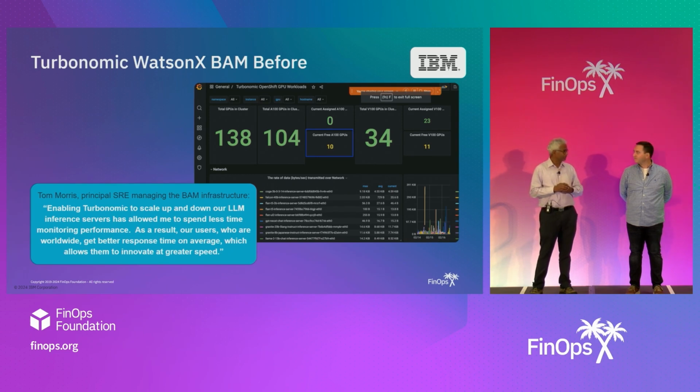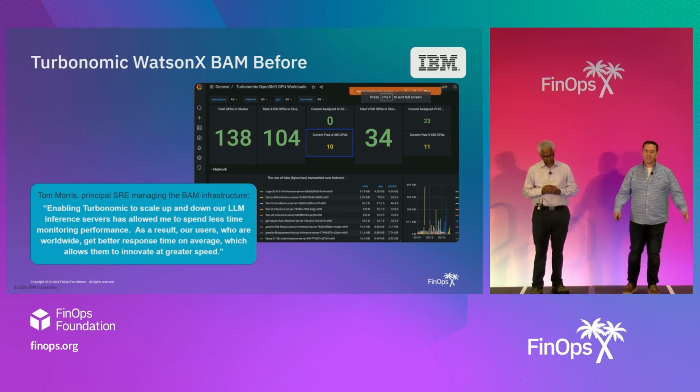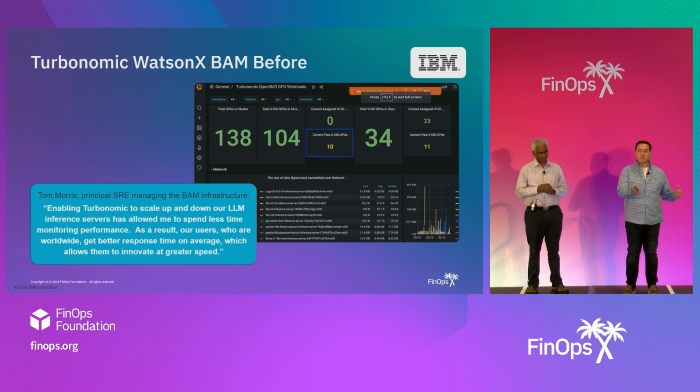And then do you want to talk about the Watson X? Oh, yes, that's a great point. So actually, we've progressed now from BAM, the environment behind Watson X, to Watson X itself. So anywhere that any of you are consuming anything that's Watson X related, Turbonomic is there in the background in full automation, supporting the actual performance and GPU allocation in these environments. It's been a long journey.